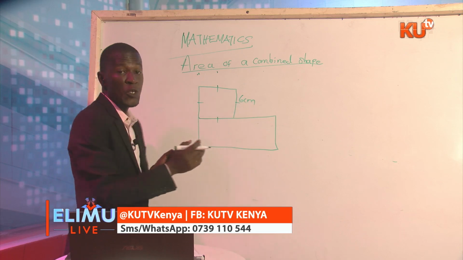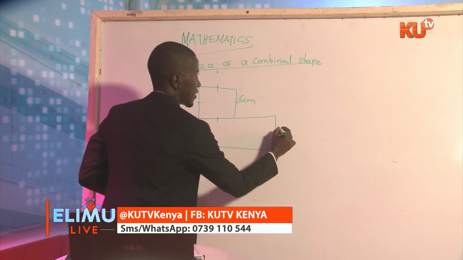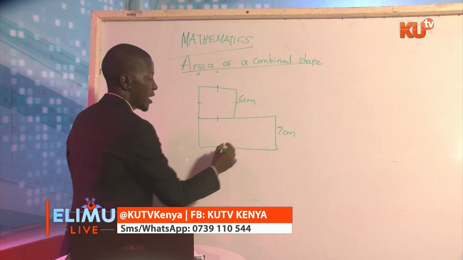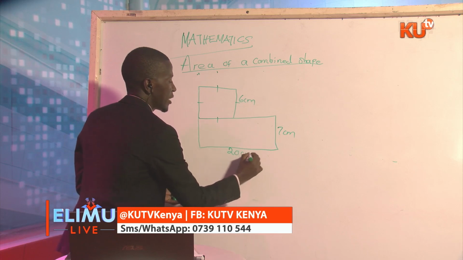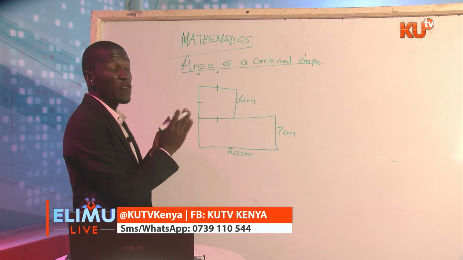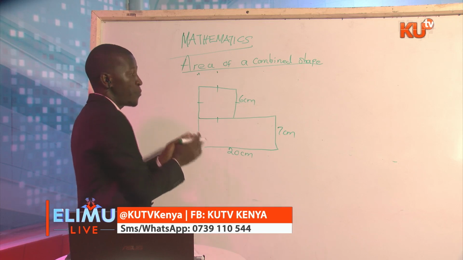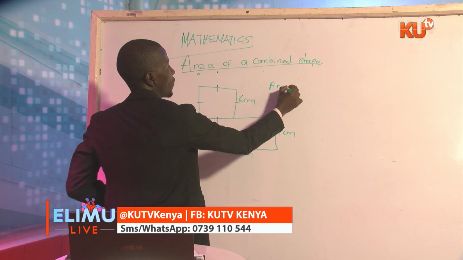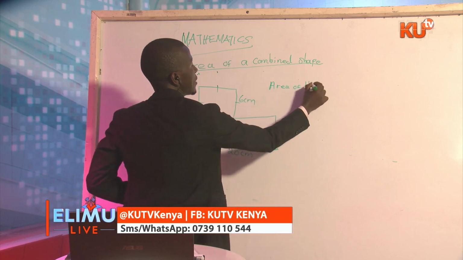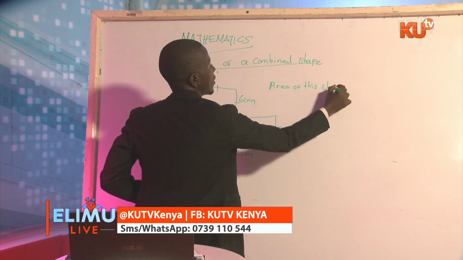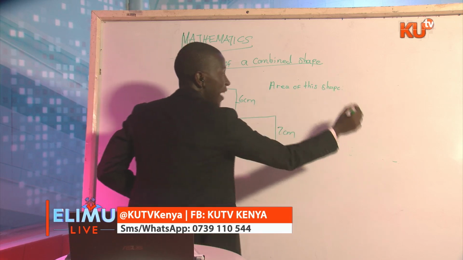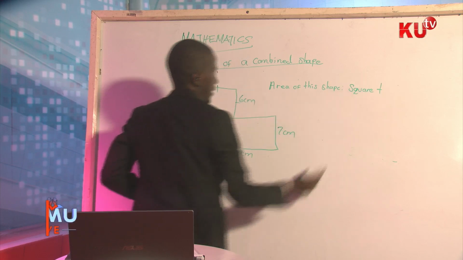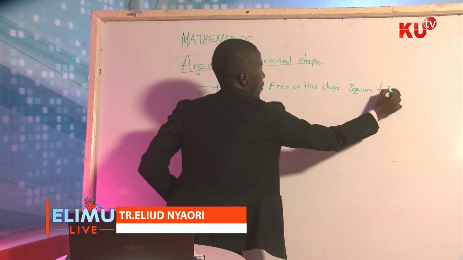Then when we go to the rectangle, width is 7 centimeters and length is 20 centimeters. In order to find the area of this shape, we are saying the area of this combined shape is equal to area of the square plus area of the rectangle.